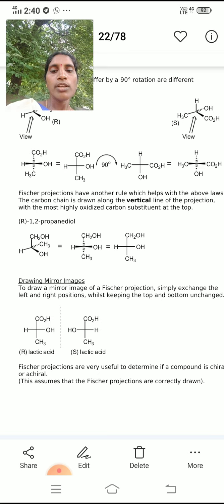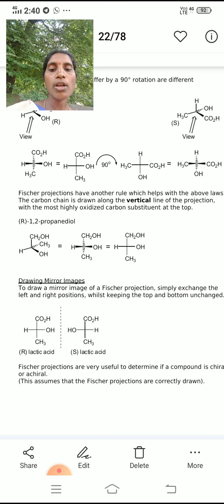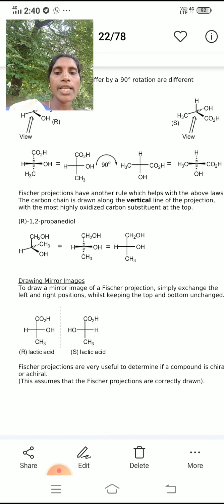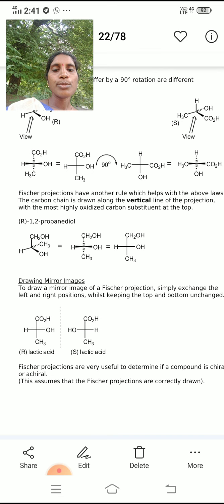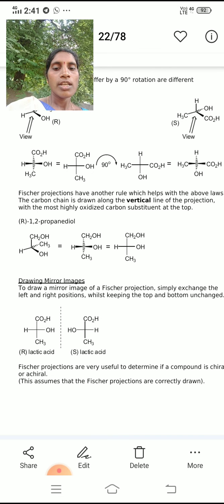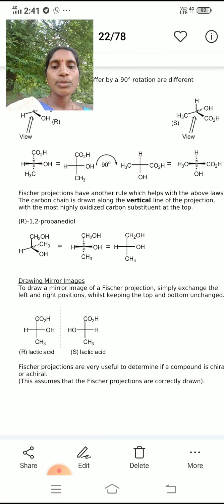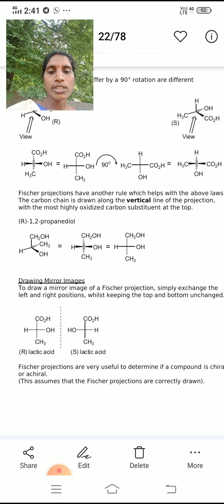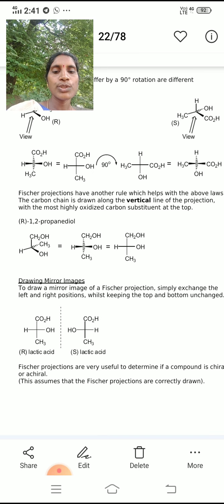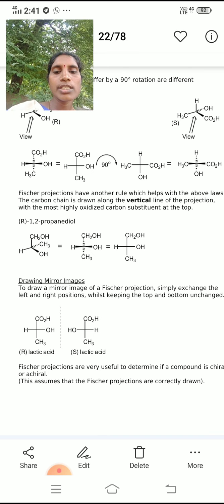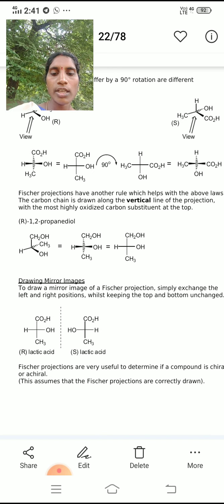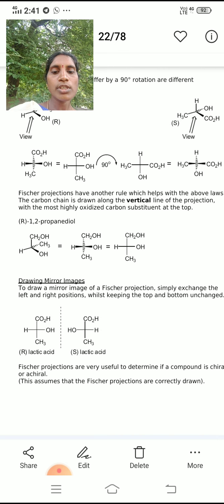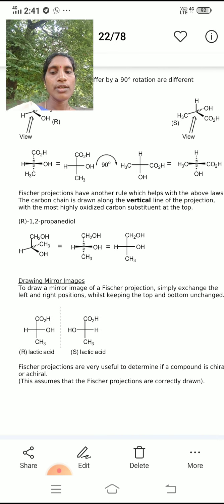Next, drawing mirror images. To draw a mirror image of a Fischer projection formula, simply exchange the left and right positions, keeping the top and bottom groups unchanged. Fischer projections are very useful to determine if a compound is chiral or achiral, assuming they are correctly drawn.